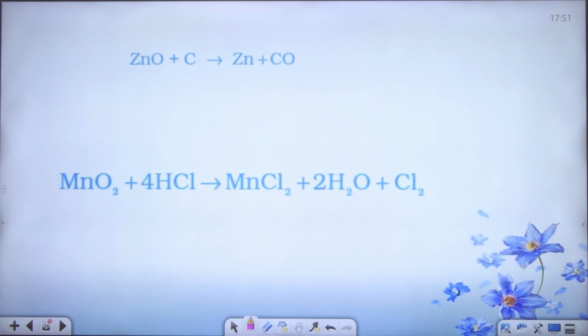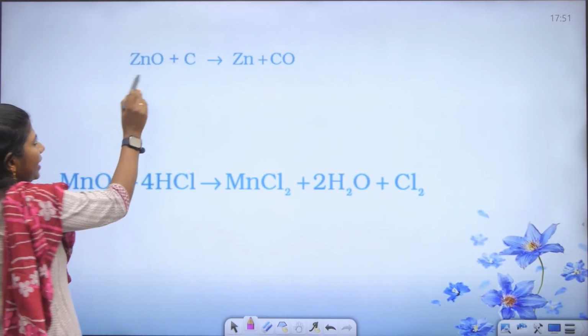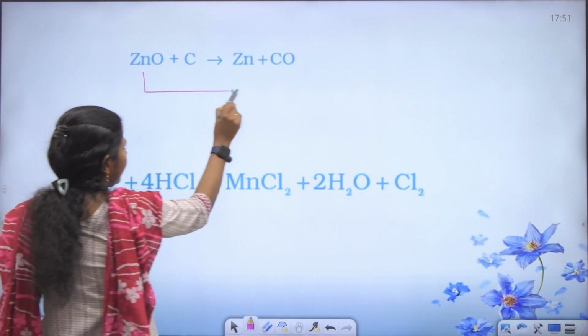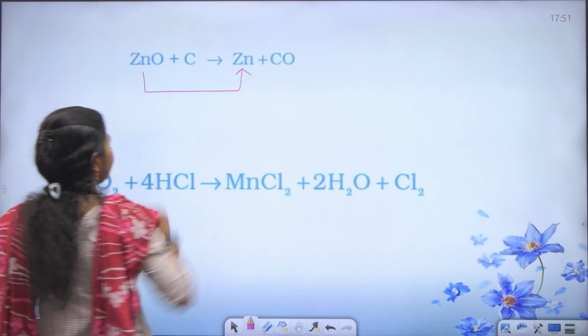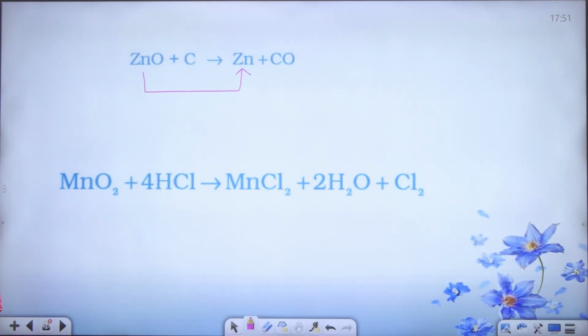Then another equation: ZnO plus carbon gives Zn plus CO. Find the oxidized and reduced species. Here, ZnO changes to Zn. Zinc oxide releases oxygen to form zinc.